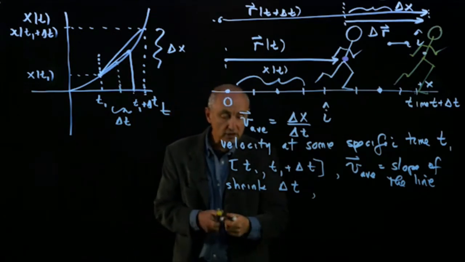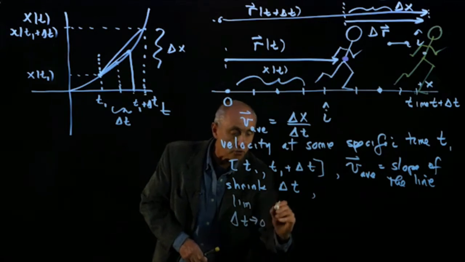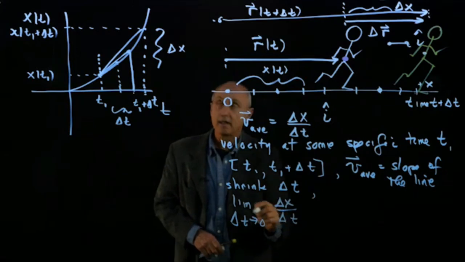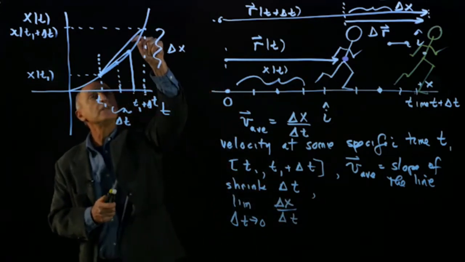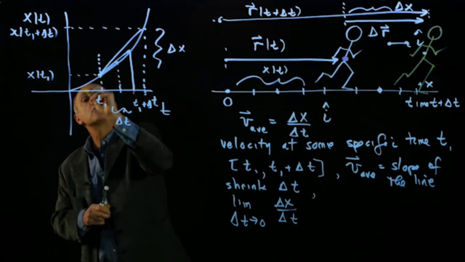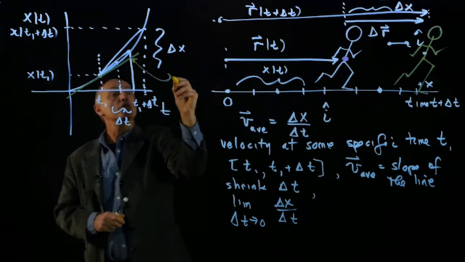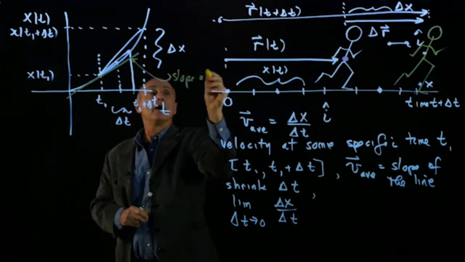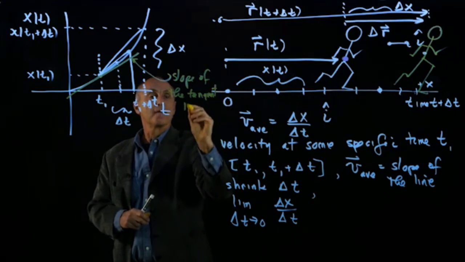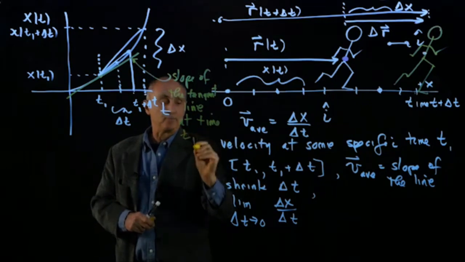And if we consider the limit as delta t goes to 0 of this sequence of slopes, then what are we getting? You can see graphically that eventually we will get to a line which is the slope of the tangent line at time t1.